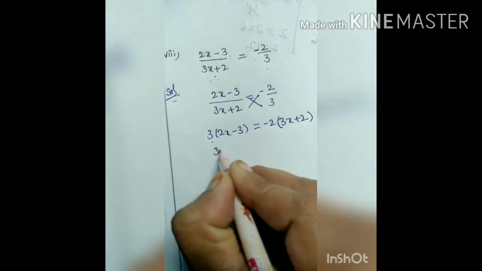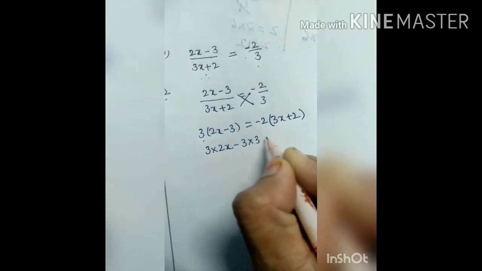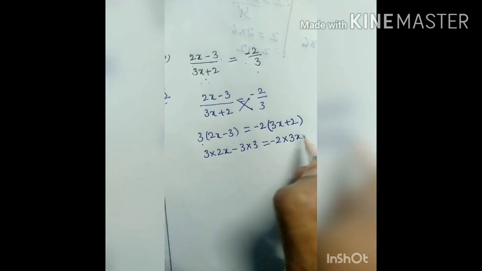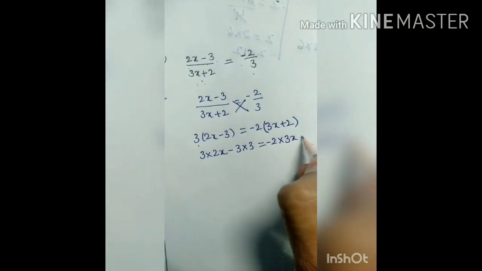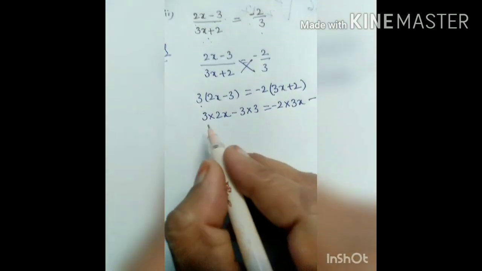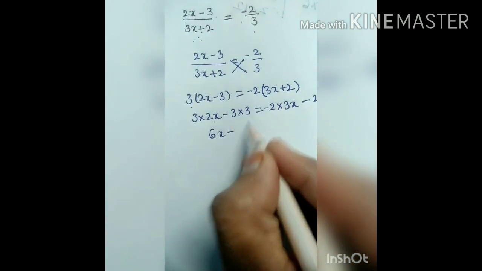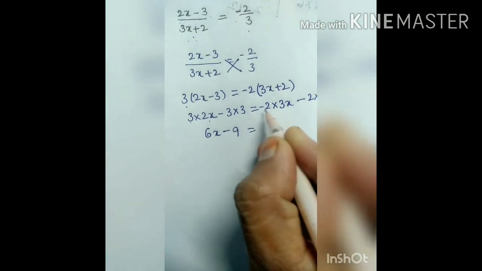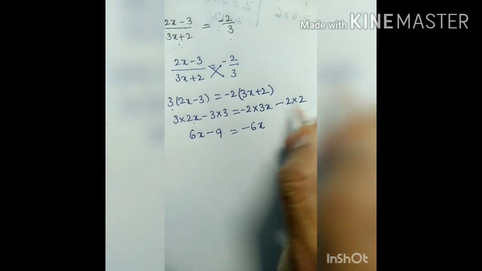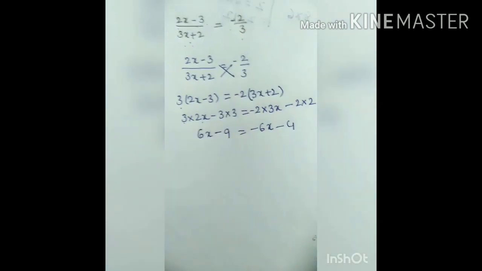So 3 into 2x minus 3 into 3 is equal to minus 2 into 3x, minus into plus is minus, 2 into 2. Okay next, 3 2s are 6. 6x minus 3 3s are 9 equal to minus 2 into 3x minus 6x. Minus into plus is minus, 2 2s are 4, minus 4.